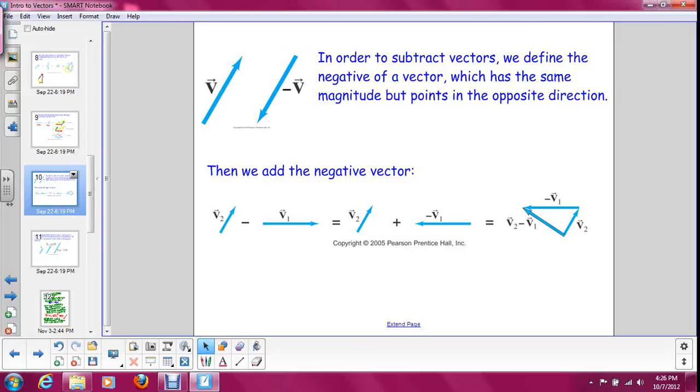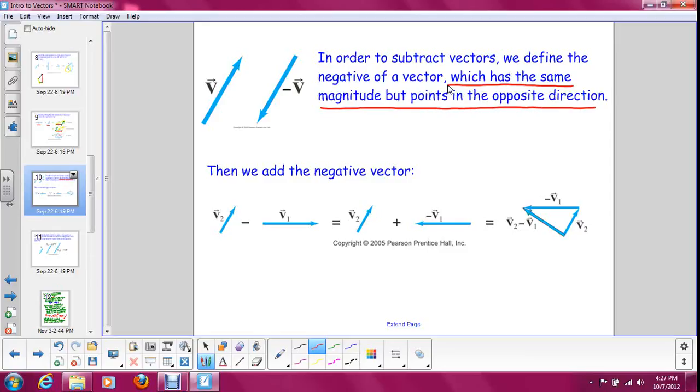Like the example we did several slides ago, in order to subtract vectors, we have to define the negative of a vector, which always has the same magnitude but points in the opposite direction. So if this is V right here, minus V is exactly the same length, but in the opposite direction.